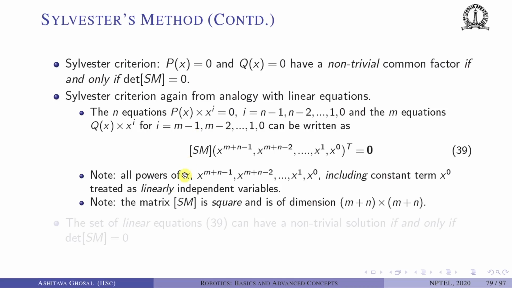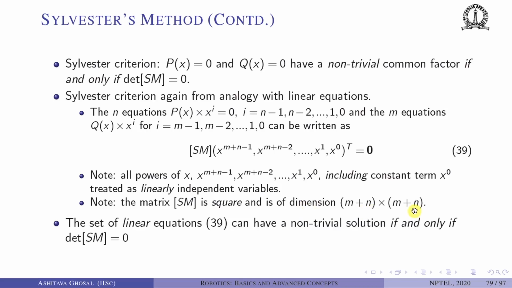All powers of x, x to the power m plus n minus 1 and so on, including the constant term, are treated as linearly independent variables. And this matrix is always of dimension m plus n by m plus n. So whenever the determinant of Sm is equal to 0, we will get a non-trivial solution for the vector x to the power m plus n minus 1, x to the power m plus n minus 2, all the way to x to the power 0.